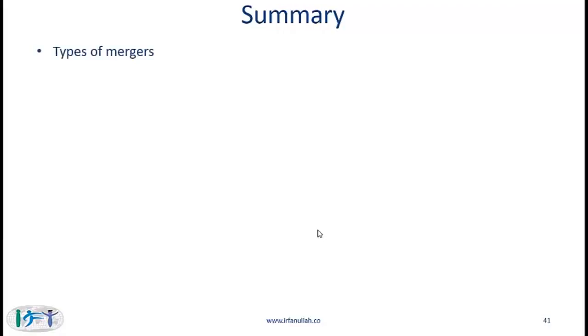All right, long reading, let me just summarize the most important points. We categorize mergers in several different ways, and I think the most important categorization is to recognize that you can have horizontal mergers, vertical mergers, and conglomerates. Then we talked about motivations for merger and acquisition activity.